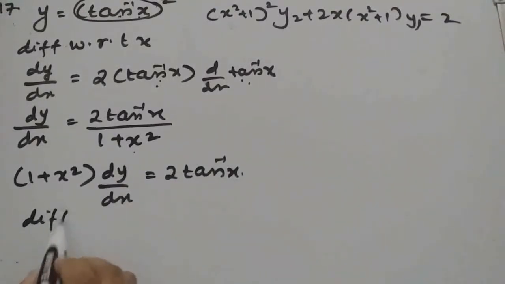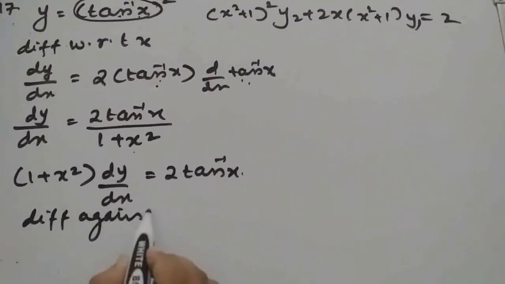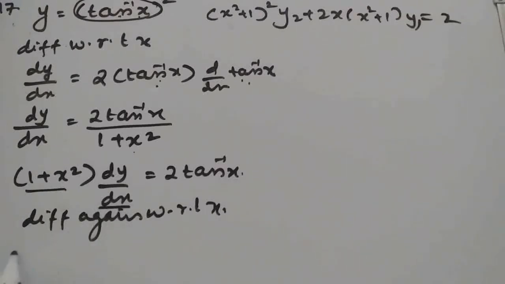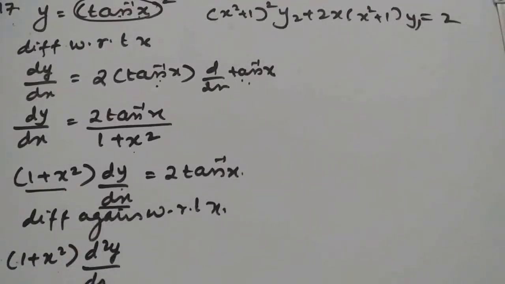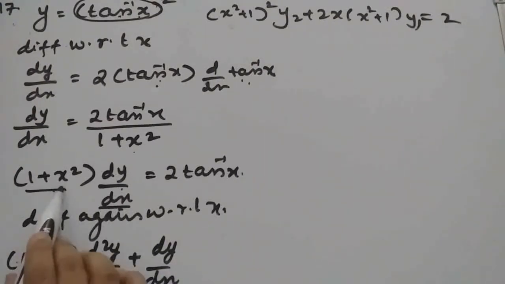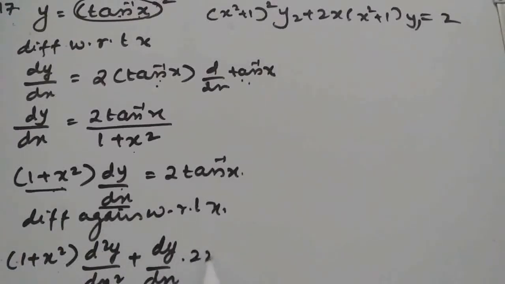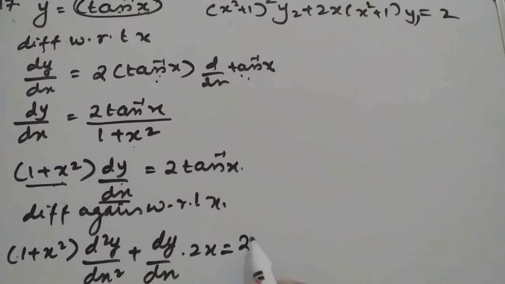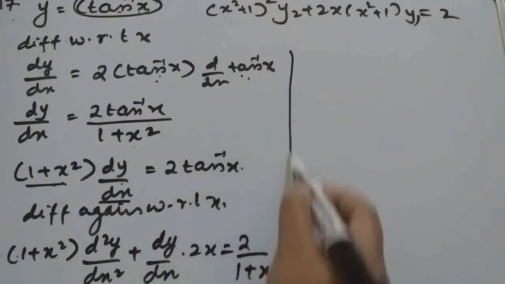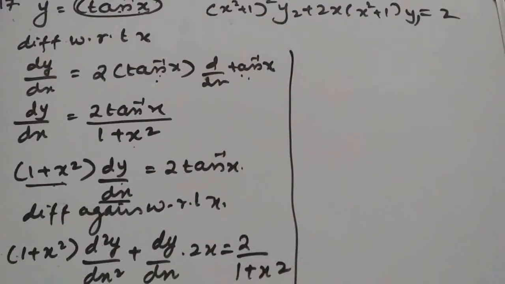Now differentiate again with respect to x. So here product rule. First function same, derivative of the second, plus second function same, derivative of the first, means 2x only, isn't it? And derivative of the right hand side means derivative of tan inverse x, that will be 1 by 1 plus x square. So what we can do, this 1 plus x square again we will shift here.